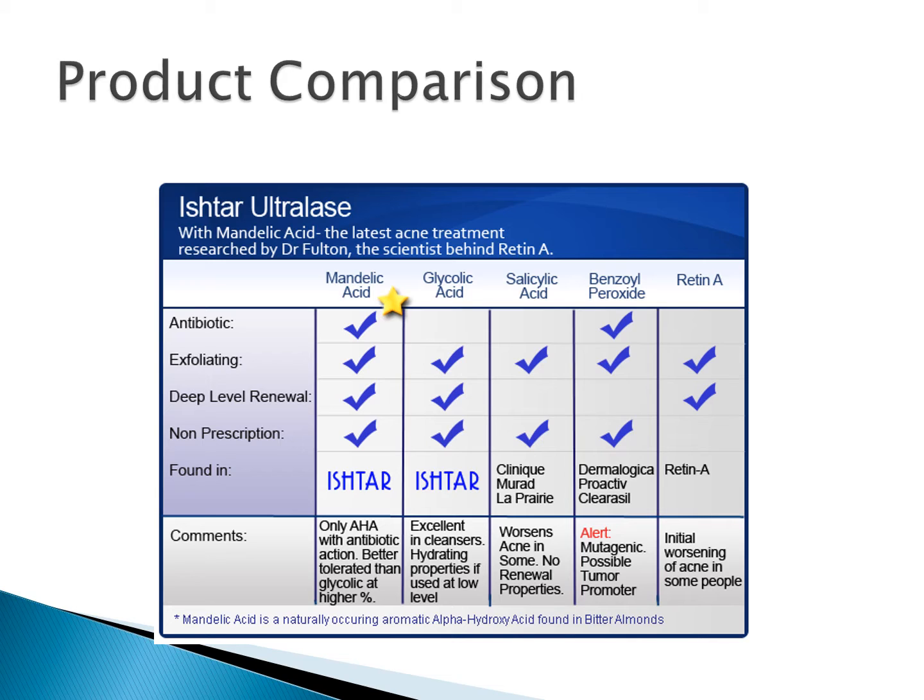The problem with these things is that they're often skewed to whatever the product is. Obviously, they're trying to promote this first one here, this mandelic acid, because it has all the check marks, and it only has a beneficial comment about it, where something like benzoyl peroxide has this alert, and not all of the check marks complete.